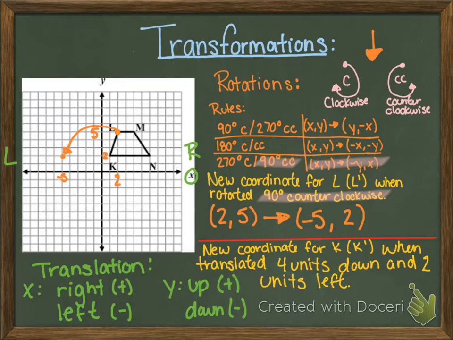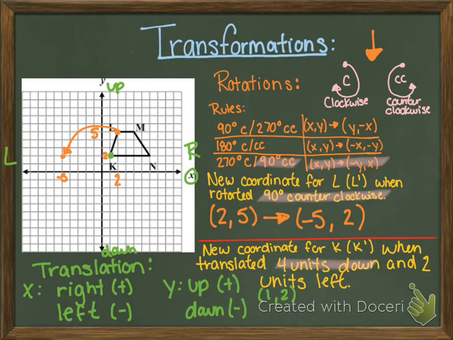So let me give you an example of how this works. Our problem says find the new coordinate for K, which is also now K prime, when translated 4 units down and 2 units left. So what we're going to do is find K on our original, and that is right there at 1, 2. That's the original point, at 1, 2. We're going to follow exactly what it says, and I'm going to translate 4 units down.